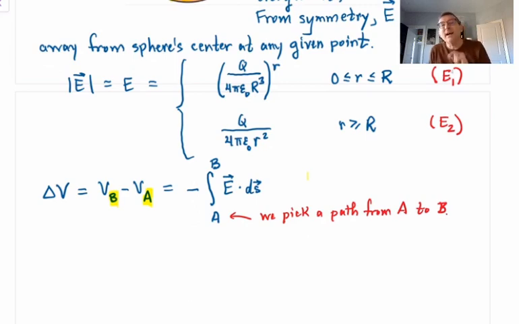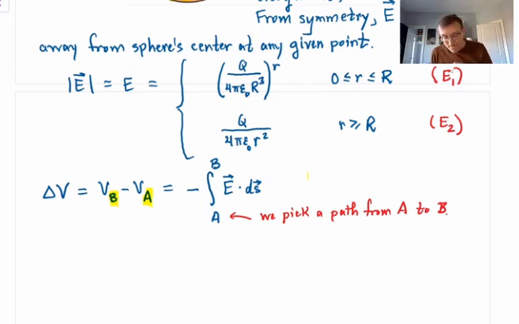Because then the E dot ds along those two options is easy. If you follow the direction of E exactly, then the E and the ds are parallel, and that makes the dot product easy. If you take a path that's perpendicular to E, then the E and the ds are perpendicular, and that dot product is 0.